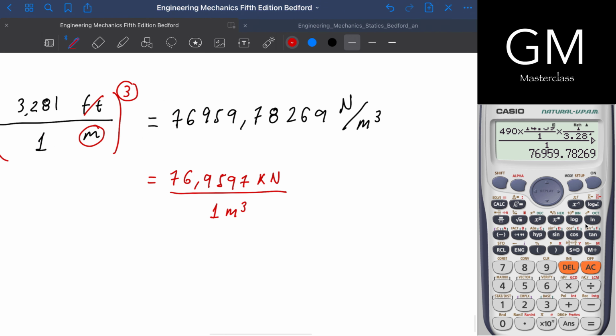So that means that a cube, which is 1 meter times 1 meter times 1 meter, would actually weigh 76.959 kilonewtons. And this, guys, is the answer. And that's how this exercise could be solved.